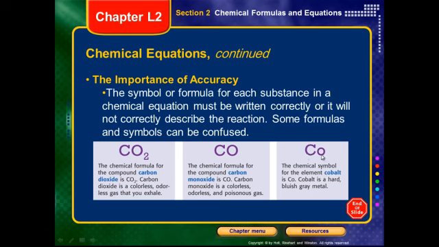It is only an element, like sodium, Na, lithium, Li, chlorine, Cl. While CO2, carbon dioxide, is a compound, and CO, carbon monoxide, is also a compound. So be sure that the symbols or formulas are written correctly, or they will not describe the reaction.